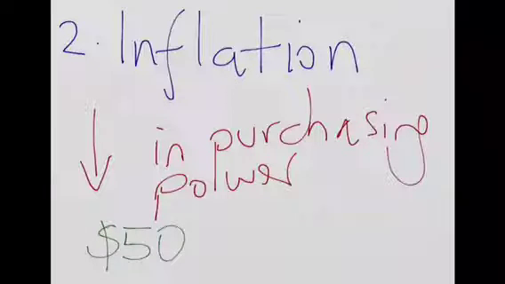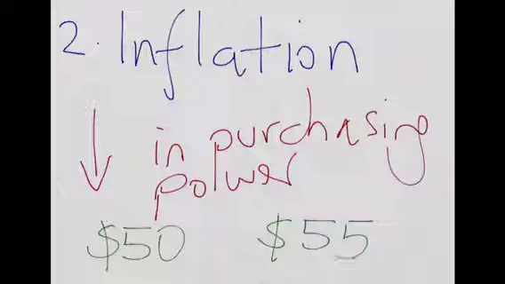Because of a 10% inflation, next year you'll be needing $55 to buy the same goods. So if you were to invest $50, you would want your money, at the very least, after a year, to be worth 55 in order for you to still be able to buy the same basket of goods that you used to buy last year at 50.